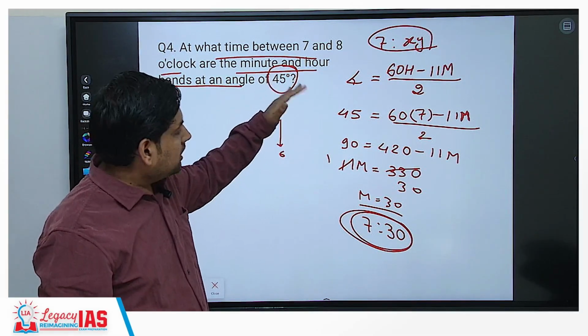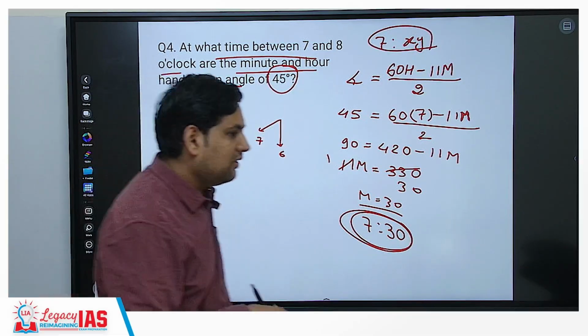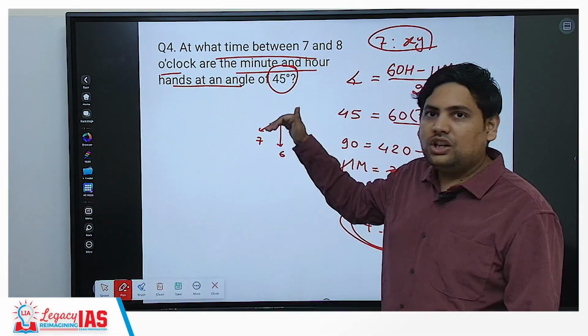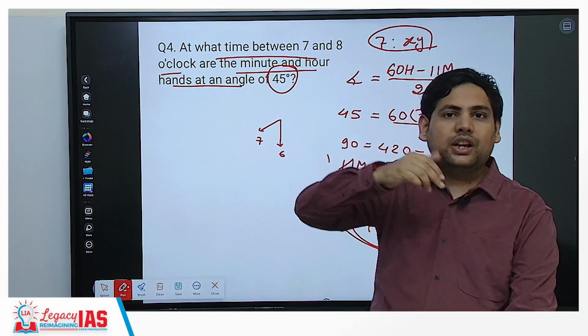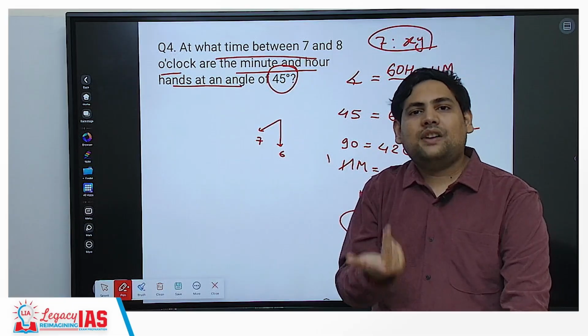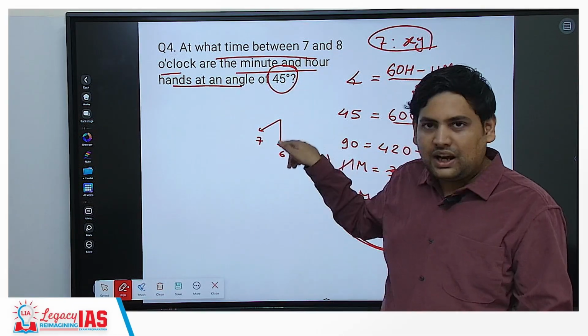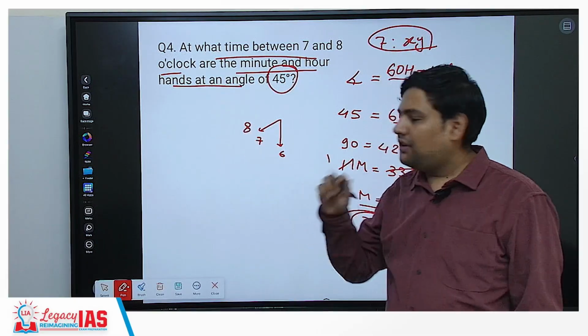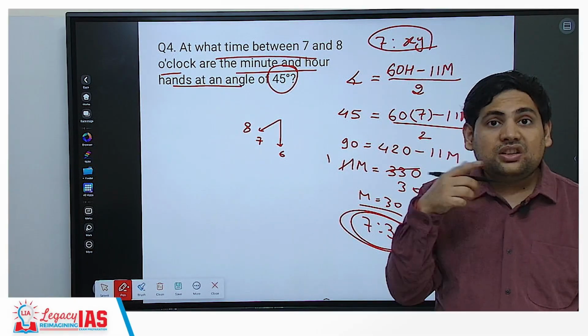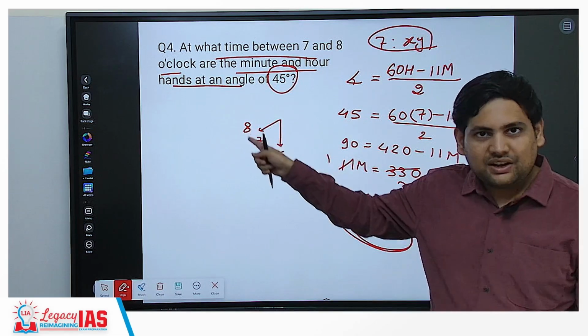The hour hand does not only move after 1 hour. The hour hand also keeps moving at a very slow pace of half a degree per minute. So that is why at 7:30 it has already moved halfway between 7 and 8.